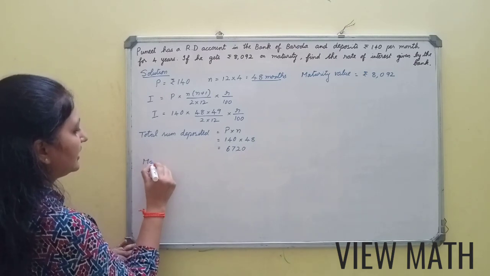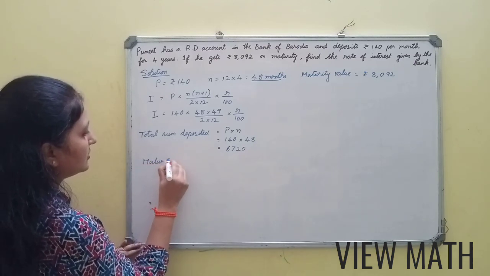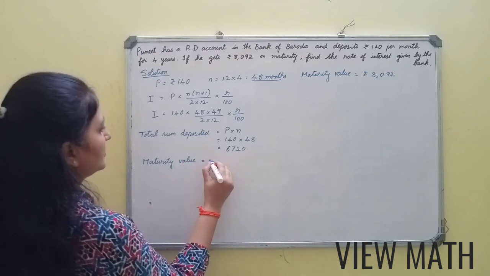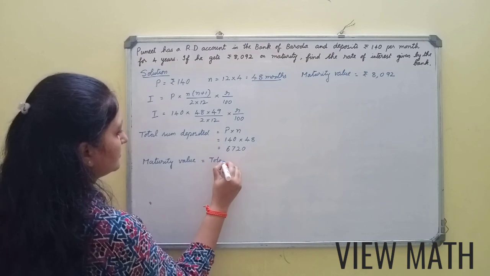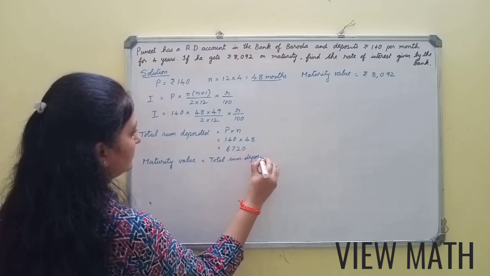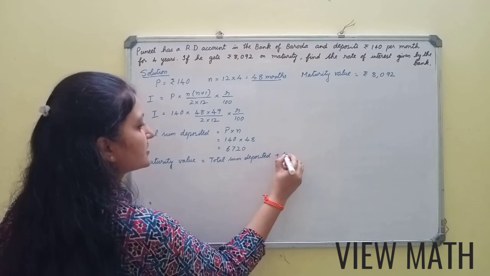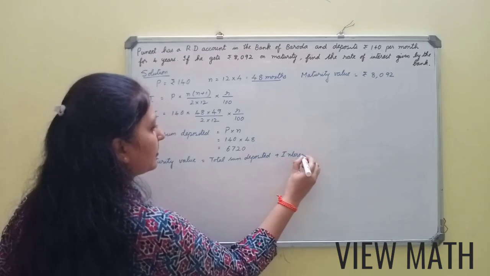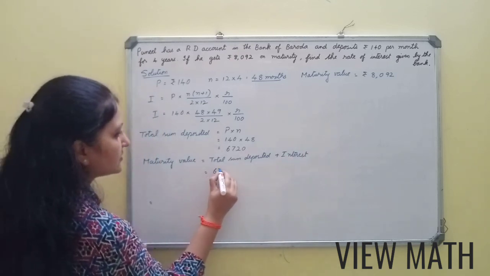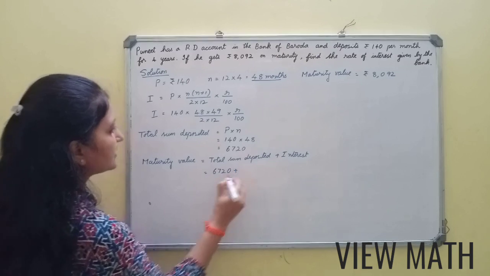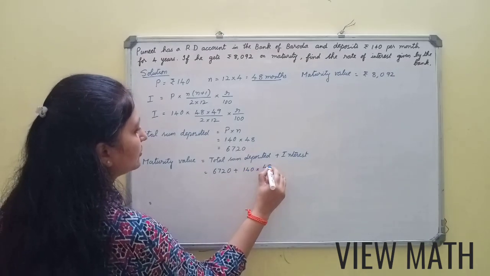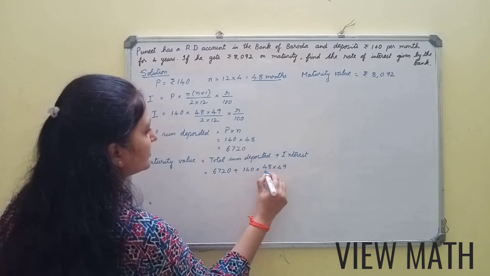Now maturity value. Maturity value is equal to total sum deposited plus interest. This is equal to total sum deposited is 6,720 plus interest, 140 into 48 into 49 by 2 into 12 into R by 100.